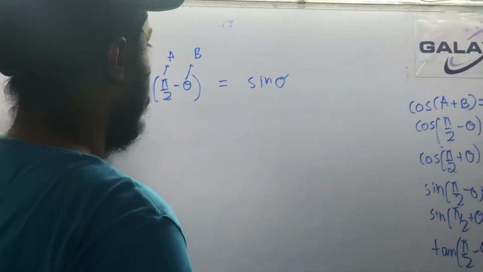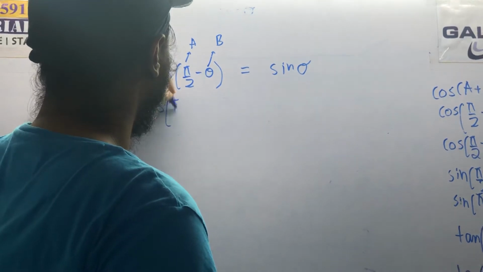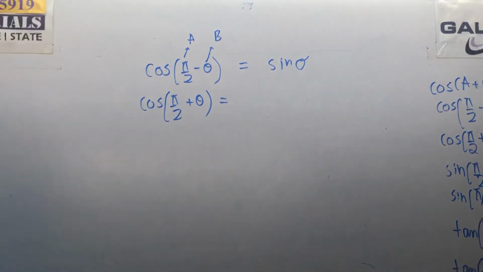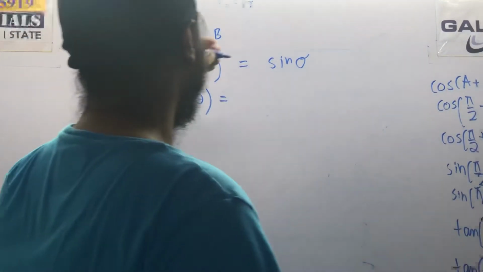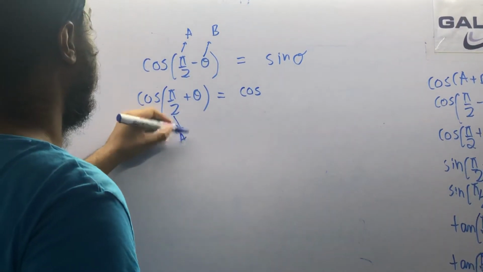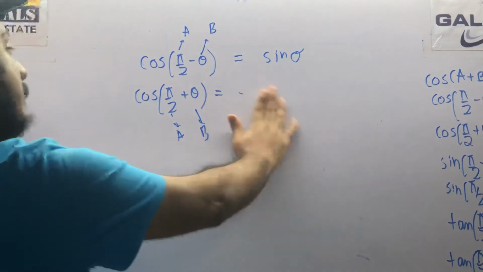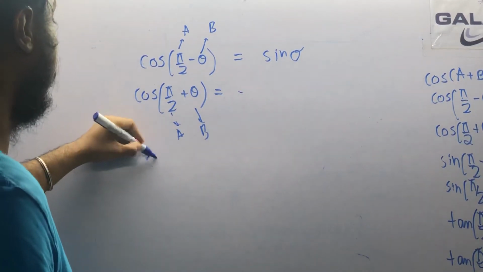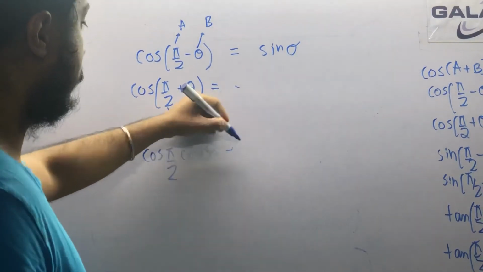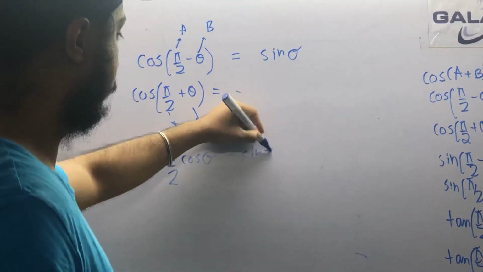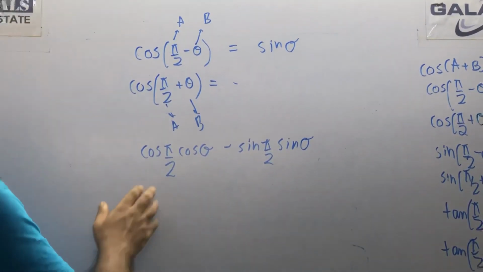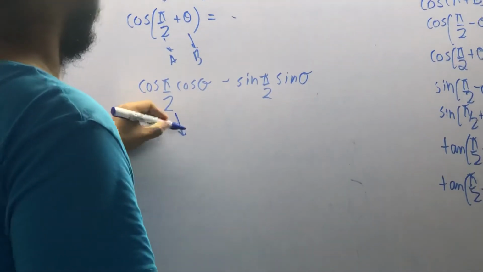Next one, cos(pi by 2 plus theta). So this is cos(A plus B), right? What is cos(A plus B)? That is cos A cos B minus sin A sin B. Now cos pi by 2 is 0, so the whole term will be 0.